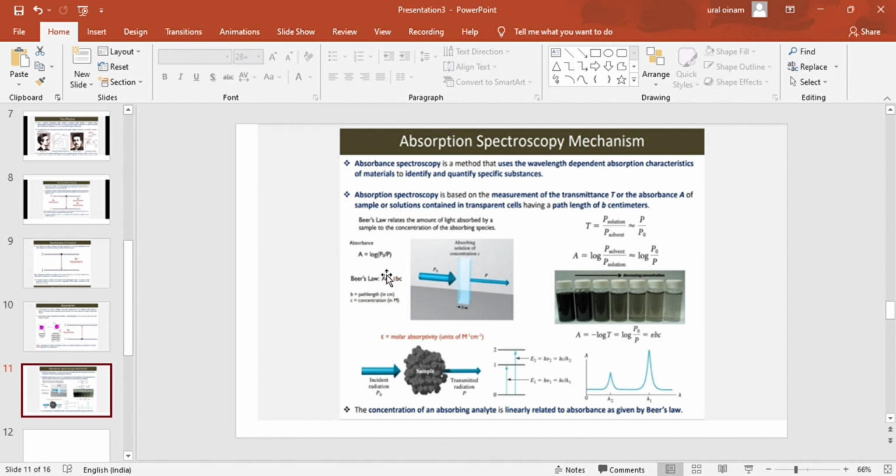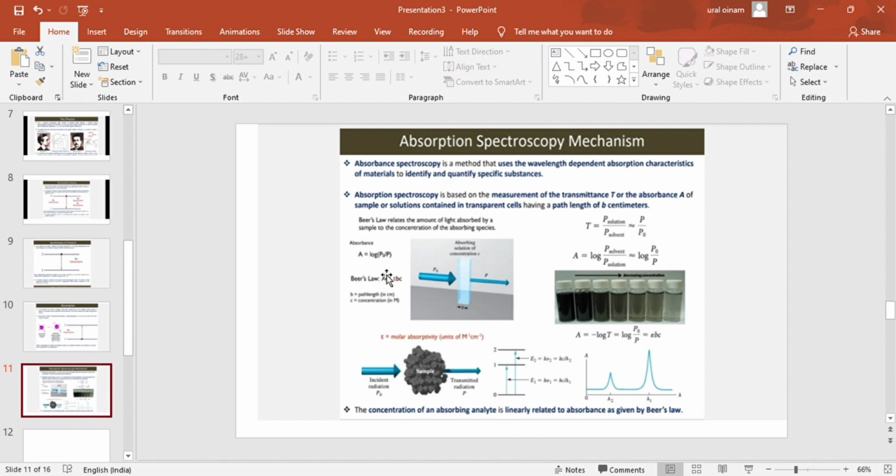So what is this P naught and P? Well, P naught is the power of the light that is incident onto a sample, while P is the power of that incident light that gets transmitted through the medium, that is the power of the light that passes through the medium.